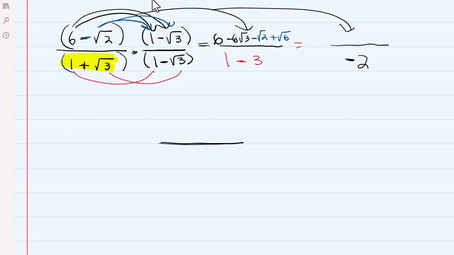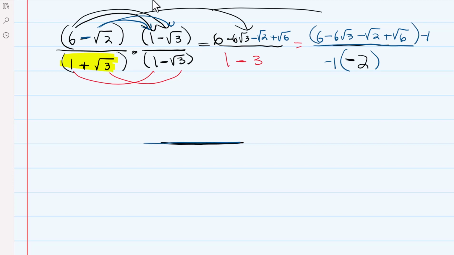All right, now if there are any like terms, there are not. So we can just leave this as 6 subtract 6 root 3 subtract root 2 plus root 6. However, we cannot leave a negative sign in the denominator. So think about if we multiply everything by negative 1.